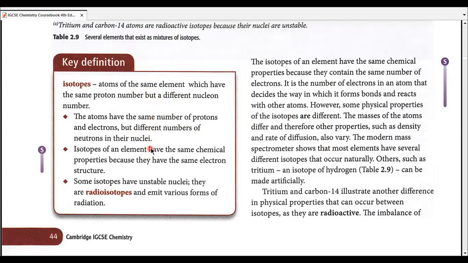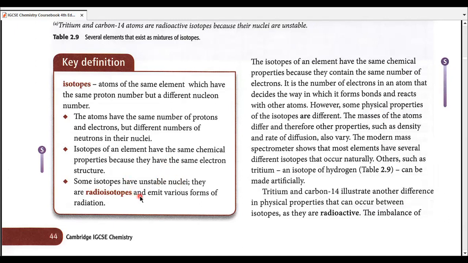Moving on, isotopes of an element have the same chemical properties. Why is that so? Because they have the same electron structure. So it does not matter whether it was the first isotope or the second or the third, because they are going to react chemically in a similar way. Now, some isotopes have unstable nuclei.